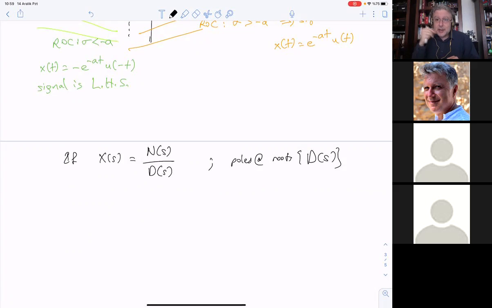But poles are important. Soon we will also come up with the roots of the numerator polynomial, n of s, which we will call zeros, because when n of s is 0, then x of s is 0. When d of s is 0, x of s is infinity. Those are the poles. When n of s is equal to 0, those are the zeros.